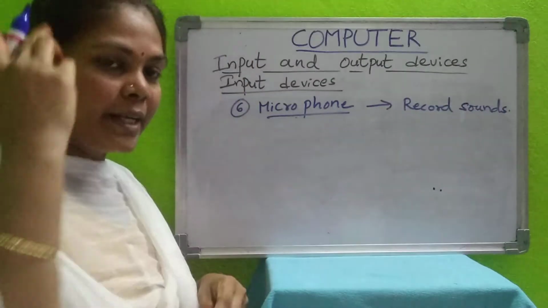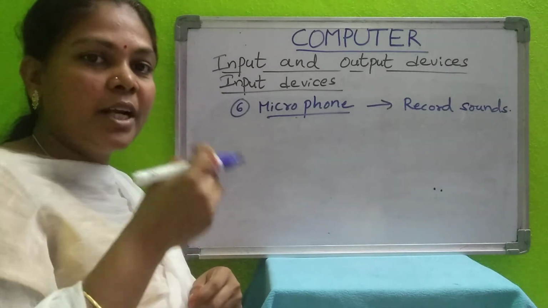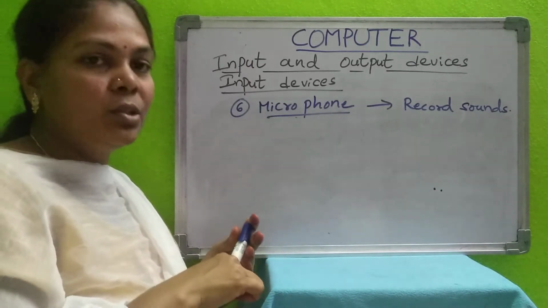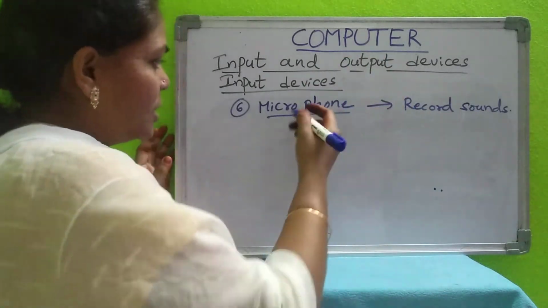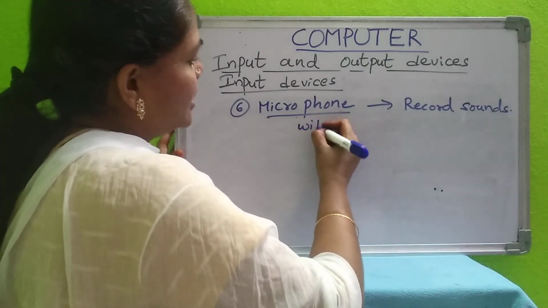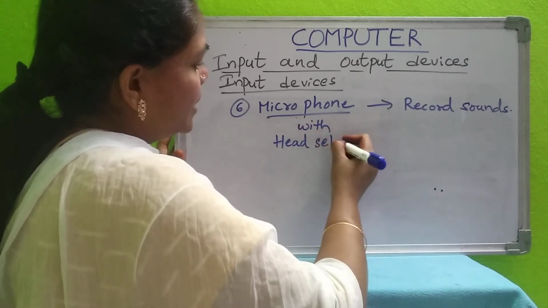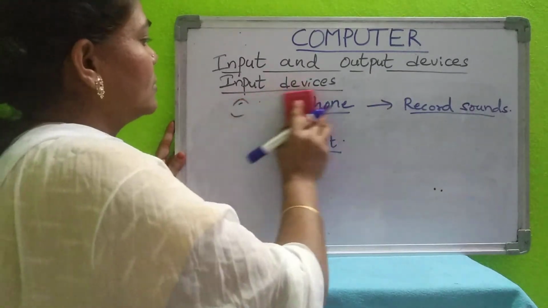And with a headset we also get a microphone. With the headset you can listen, and from that microphone you can talk, and others can listen through that. So next one is microphone, and microphone with headset. You can get the microphone separately also. The use is to record sounds.